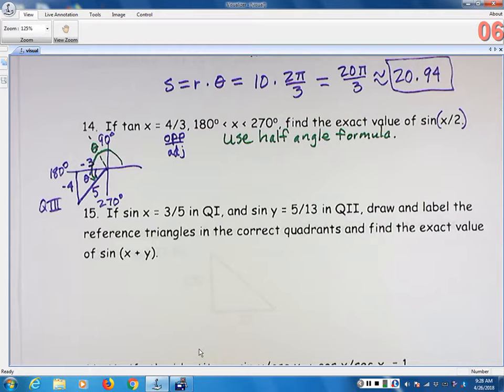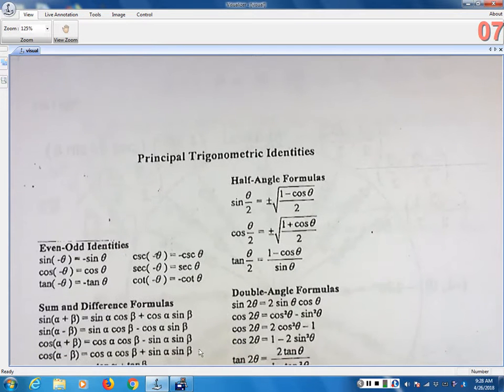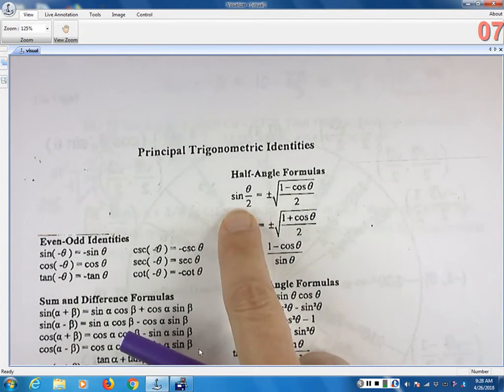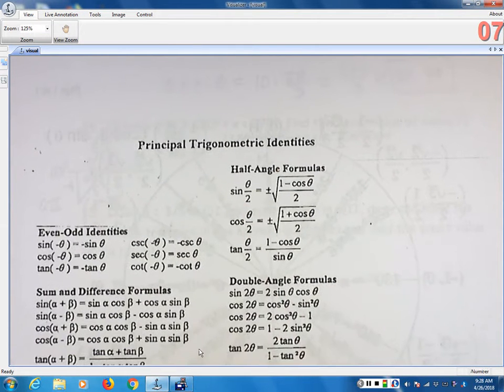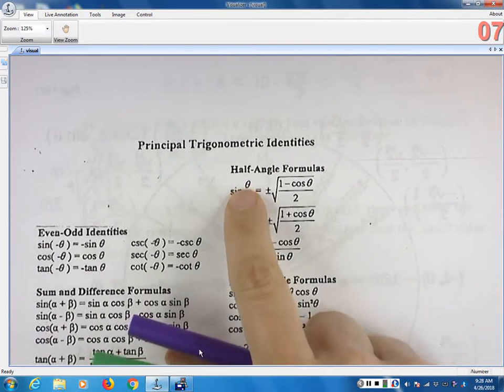Okay, I probably should just be doing this on more paper. There's not enough room. So I have to get my formula sheet. I don't have these memorized. Here's the half angle formula for sine. We're going to replace it with x.